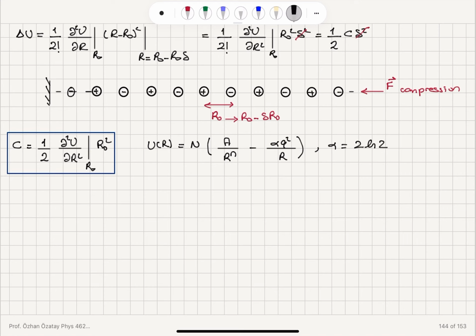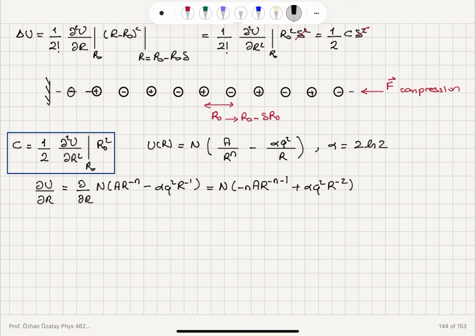That's what we found in part A. So if I take the first derivative, del u del r, I obtain del r of n times a r to the minus n minus alpha q square r to the minus 1. This is something I have done before, and this gives me capital N times minus n a r to the minus n minus 1 plus alpha q square r to the power minus 2.